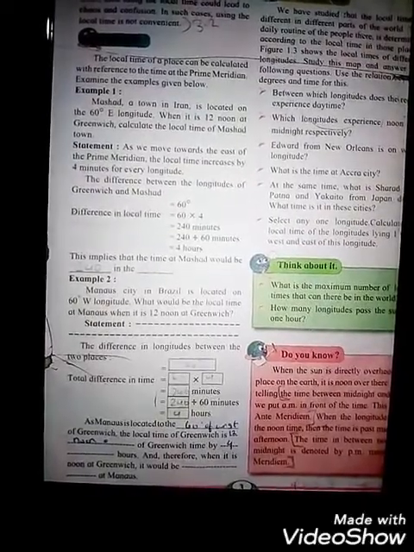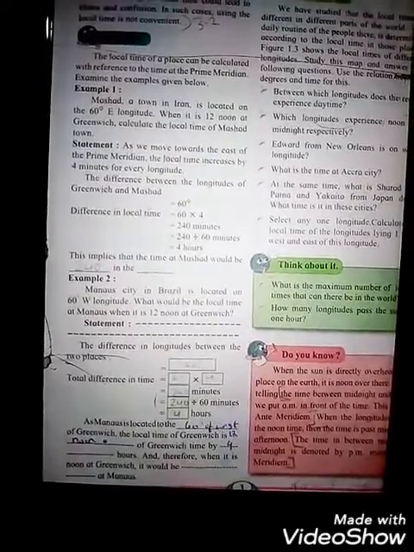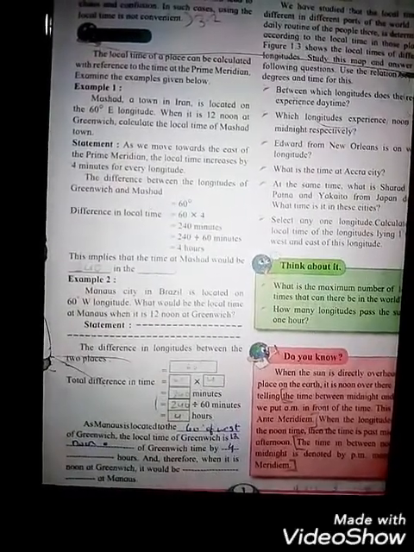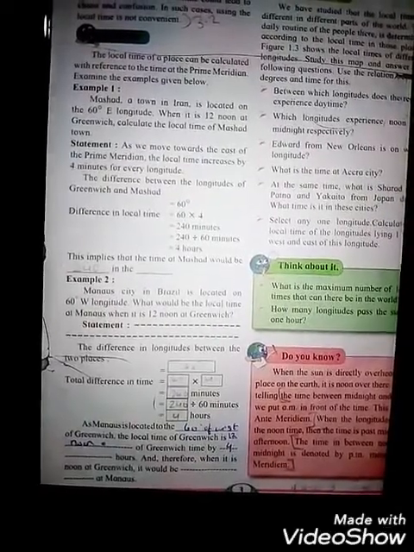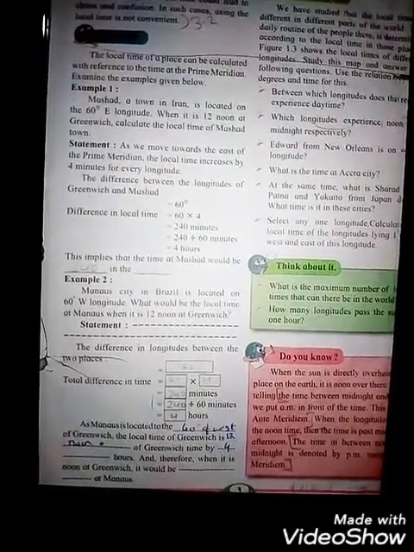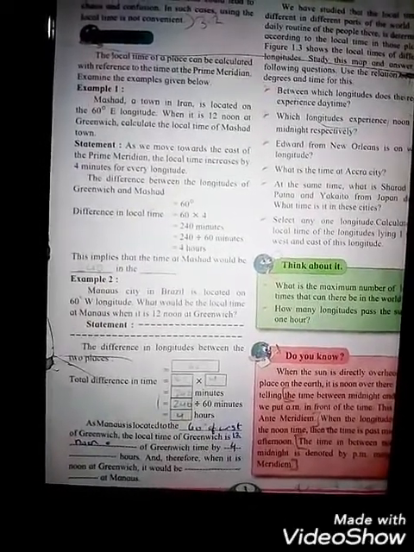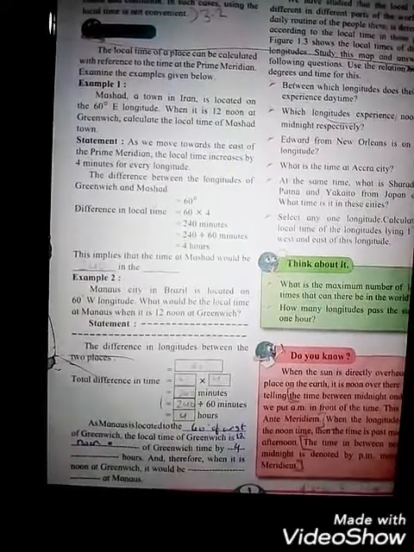Therefore, when it is noon at Greenwich, it will be 8 a.m. at Manaus. Why? Because it is behind Greenwich Mean Time by 4 hours.